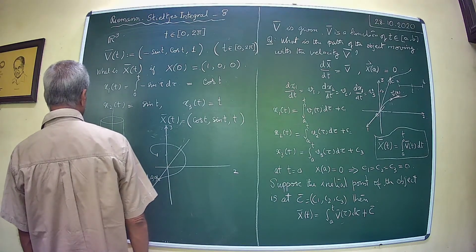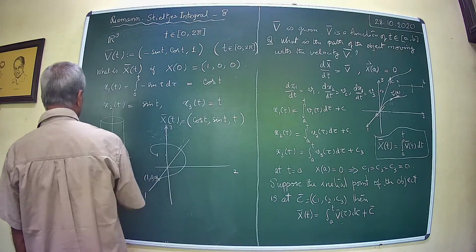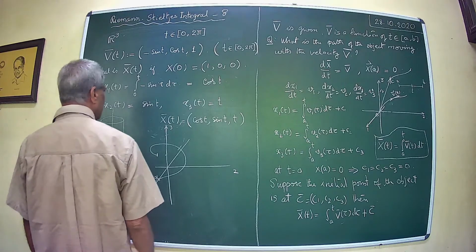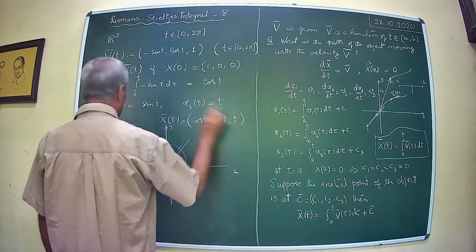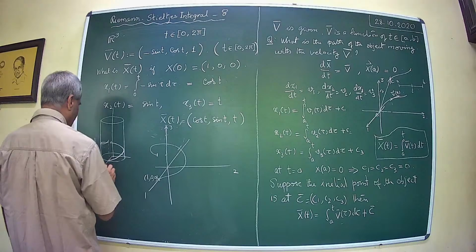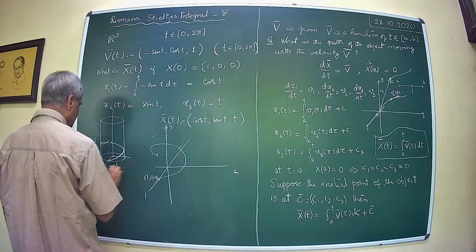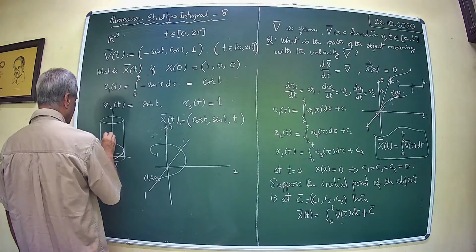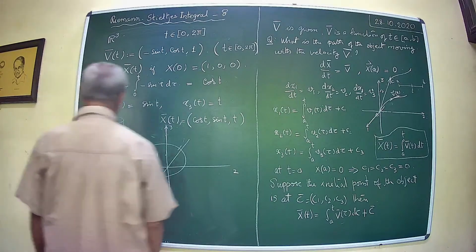So that end point is going to be once again (1, 0, 2). So it goes from (1, 0, 0) all the way up to (1, 0, 2).